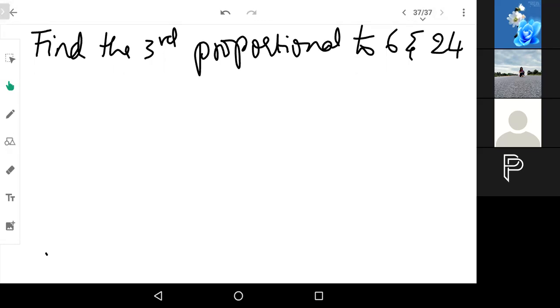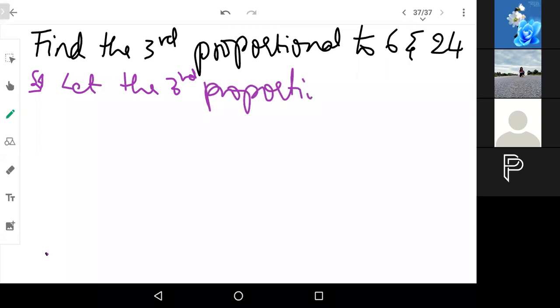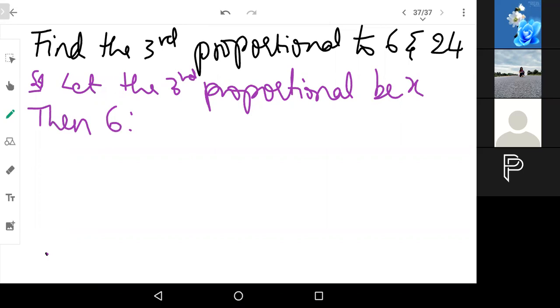in that case the starting procedure will remain the same. That is, let the third proportional be X. Okay. Then 6 is to 24 is to X will be in continued proportion.